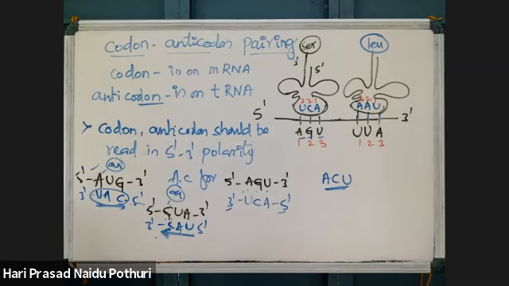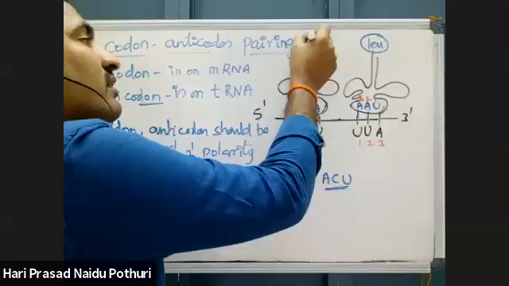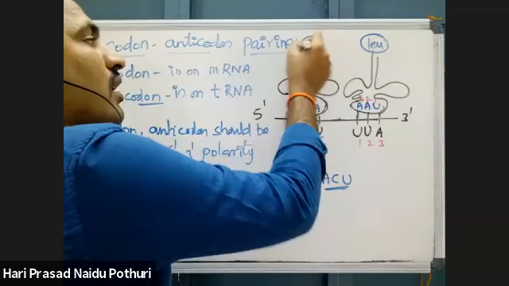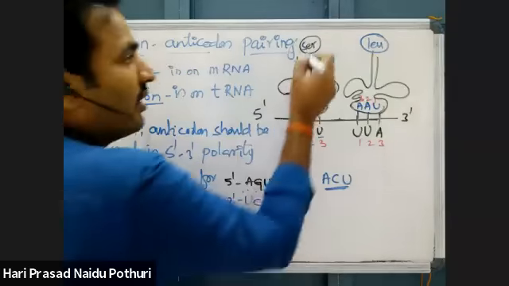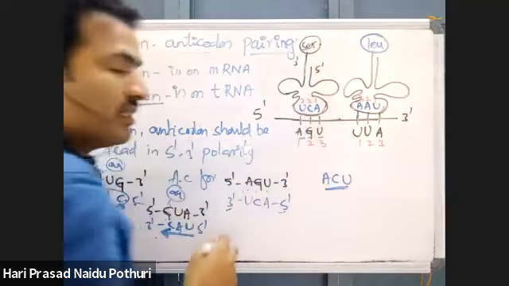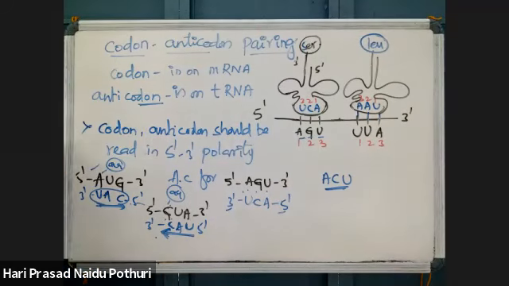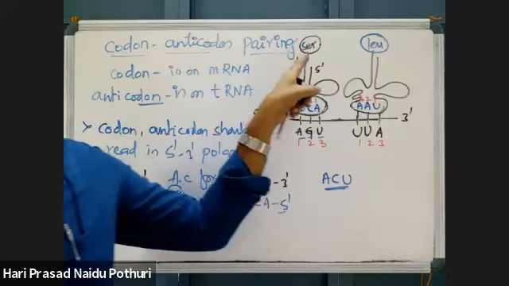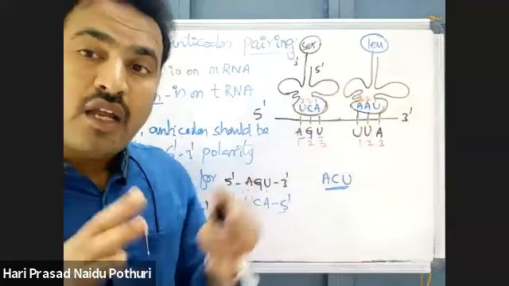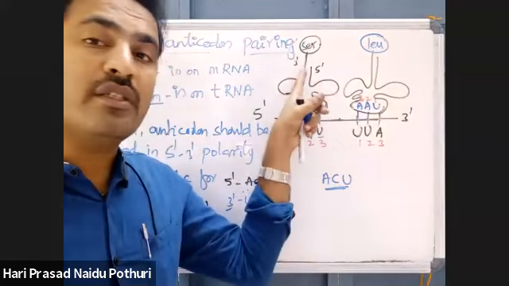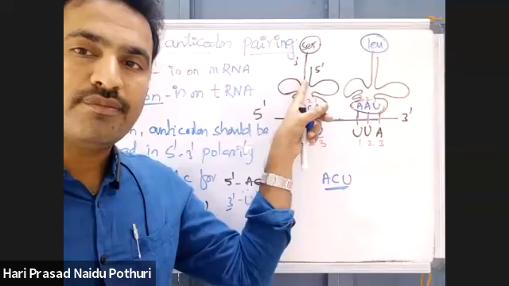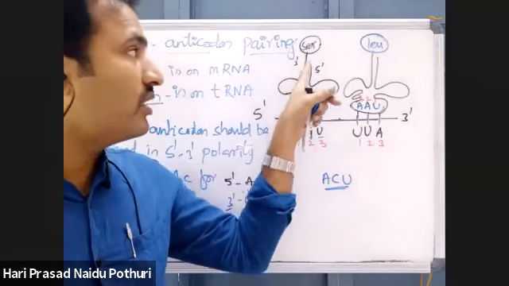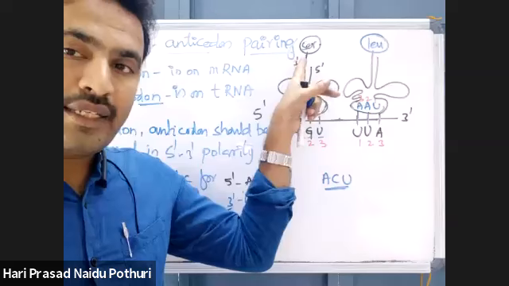And here the amino acid is brought by tRNA. A particular tRNA binds with an amino acid, and a particular amino acid only binds with that tRNA. Not every amino acid can bind with every tRNA.